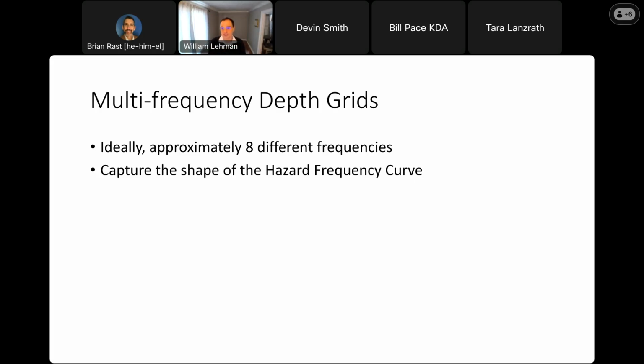About 8 frequencies typically does that work, something like the 5, 10, 20, 100, or maybe the 50, 100, 200, and 500 are kind of around the range that we typically look at. But we want to capture the shape of that hazard frequency curve. I say depth grids because for a given frequency across the floodplain, the depth of flooding is different. So we need to understand that at a local level.